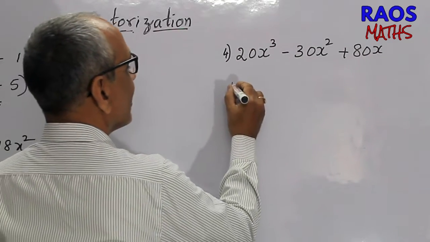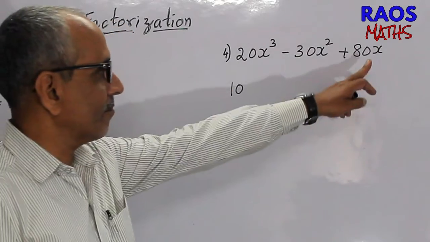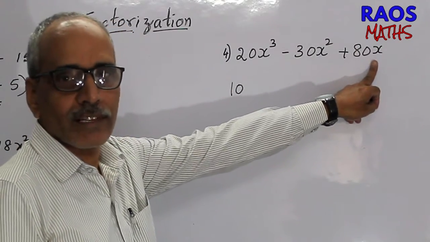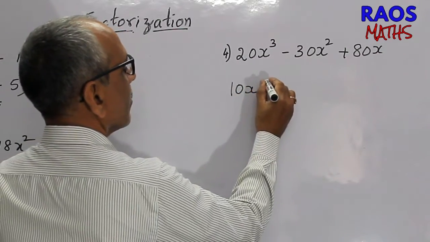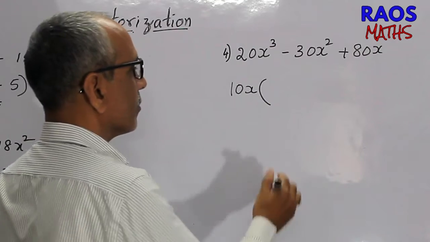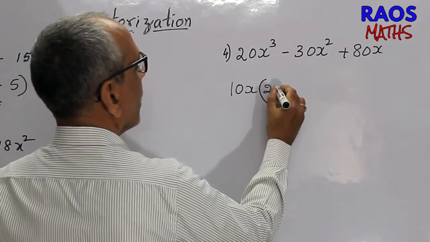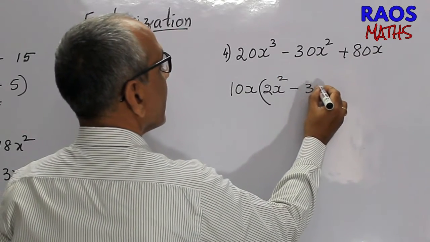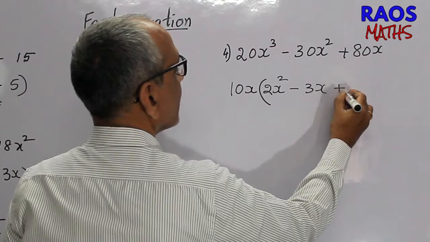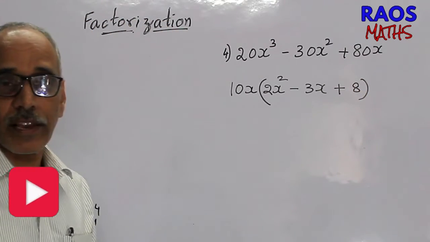Of course, 10. And for the variable, the least power. Here we have the least power of the variable x as 1. So x. And the other factor in the first term is 2, because 10 2s are 20, x square minus 3x plus 8.